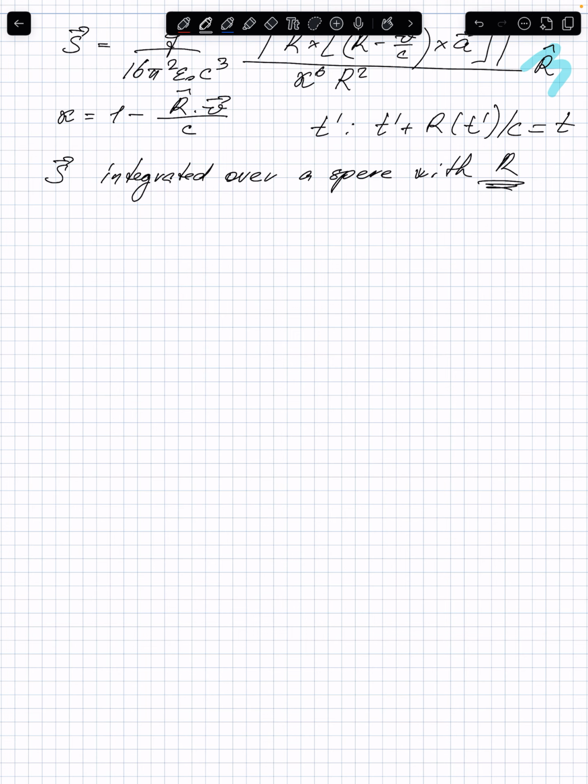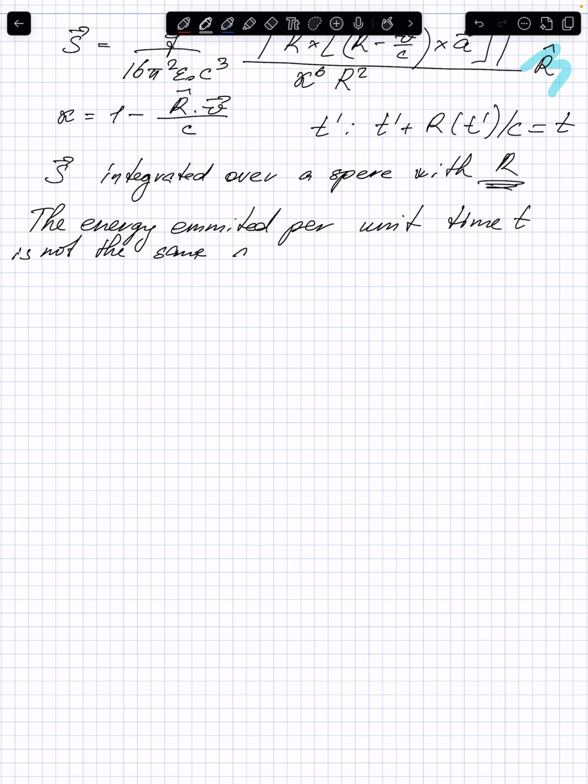The subtlety is that the energy emitted per unit time t is not the same as the energy emitted per unit retarded time t prime.